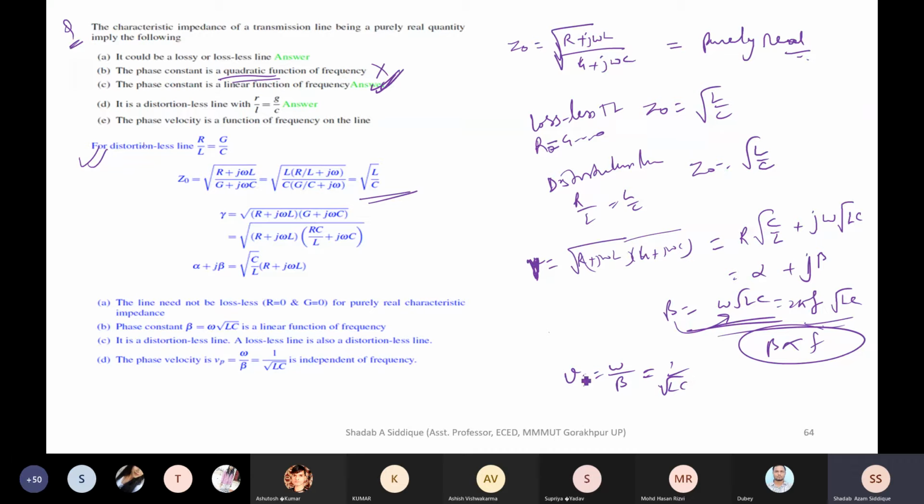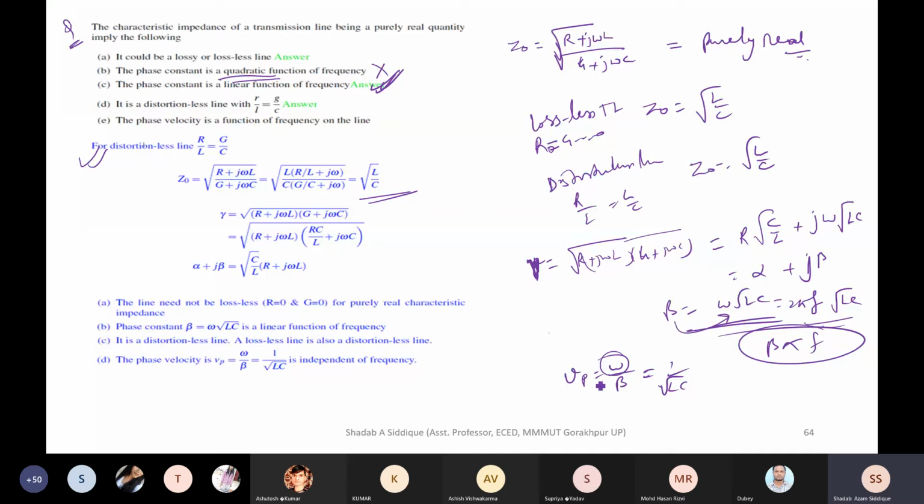If you go through the claim that phase velocity is a function of frequency, you will be wrong. You cannot just go through this omega by beta. Omega by beta is a formula, but beta is associated with the frequency. So no, it is not. It is independent of frequency.